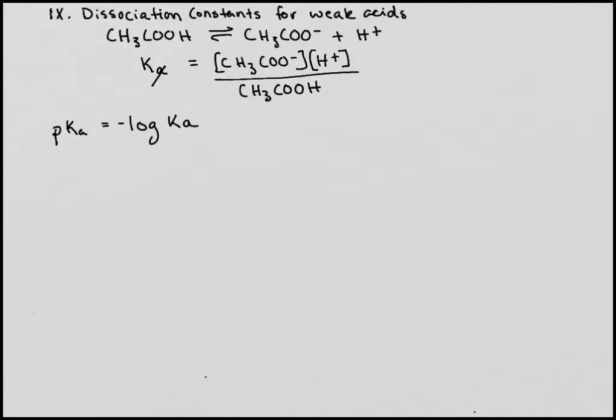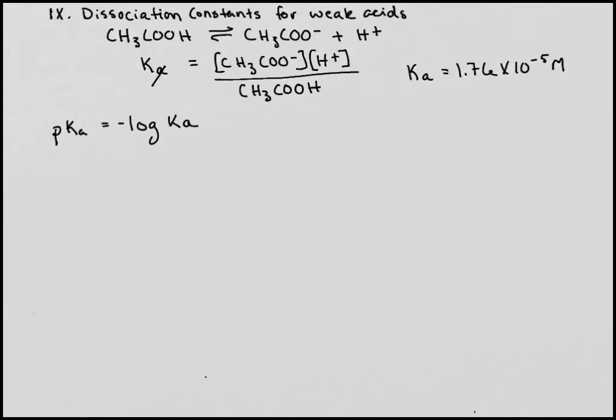Now, Ka is experimentally determined, and so in fact we know this value for acetic acid. The Ka is equal to 1.76 times 10 to the negative fifth molar.